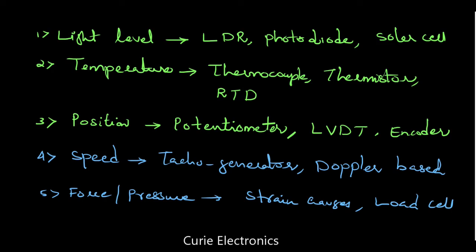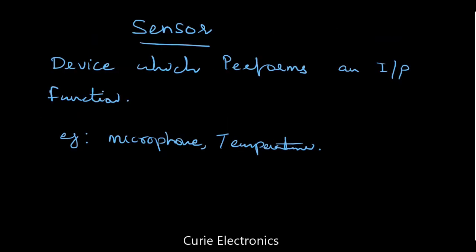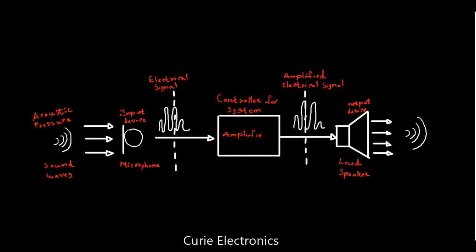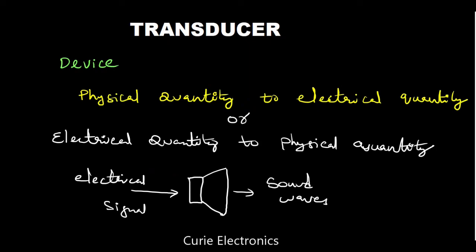These sensors we can also categorize into analog sensor and digital sensor, active or passive. All this we have seen. But here what you have to understand is what is a transducer and what is a sensor. So transducer is a device which converts a physical quantity like pressure, temperature, force, etc. to electrical quantity, or it converts electrical quantity to physical quantity.